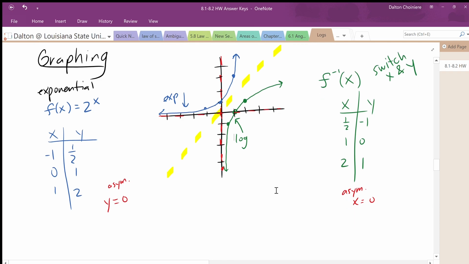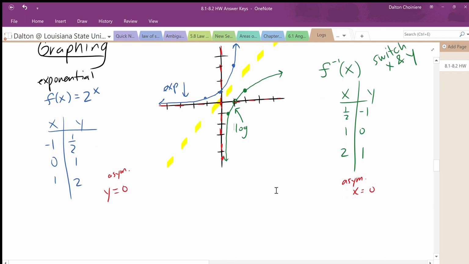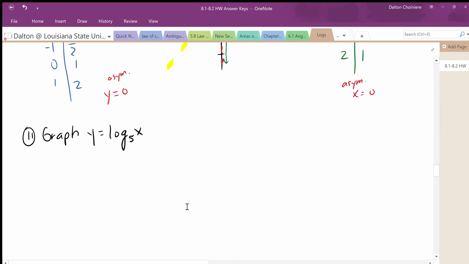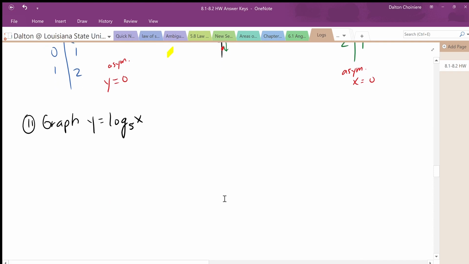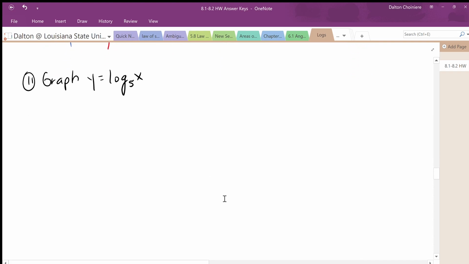If I were to graph one of those in isolation, I might ask you, let's see, number 11, I want you to graph y equals log base 5 of x. What I recommend you doing is rewriting this in such a way that makes better sense to you. Logs are kind of hard to think about written the way that they are.